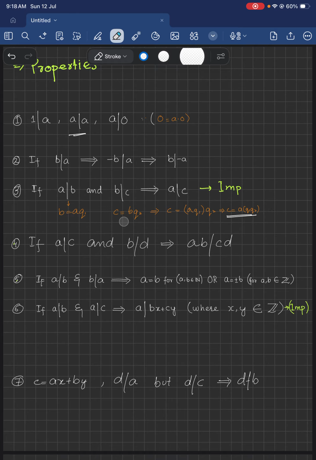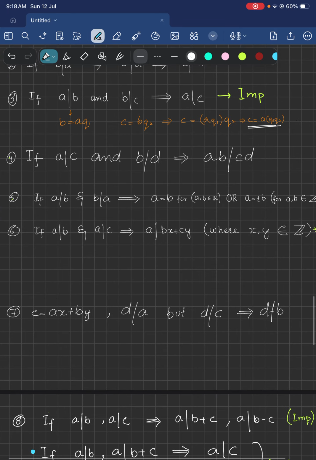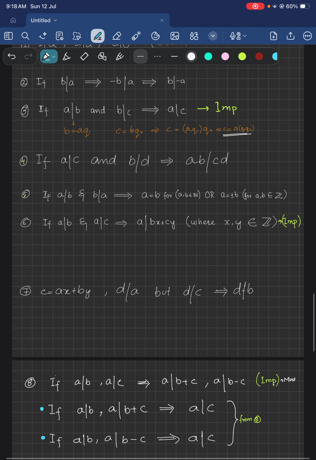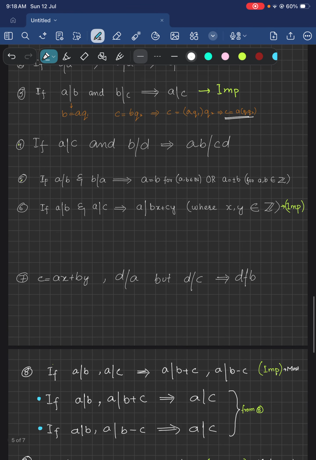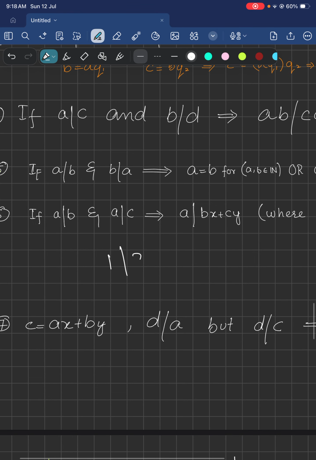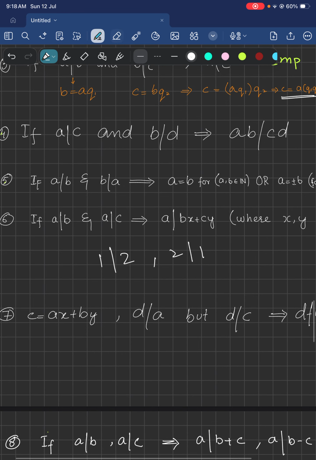I would tell you a few properties that you have to prove, and it will improve your problem solving a lot. The fourth property is if A divides C and B divides D, then AB divides CD, their product would also divide their product, which is used but not very much. If A divides B and B divides A, then A is equal to B, obviously.